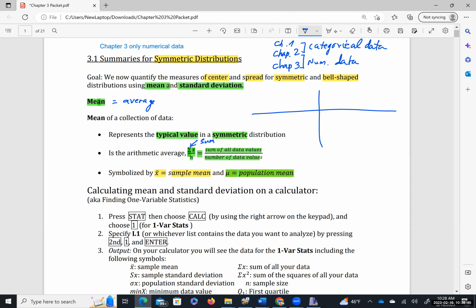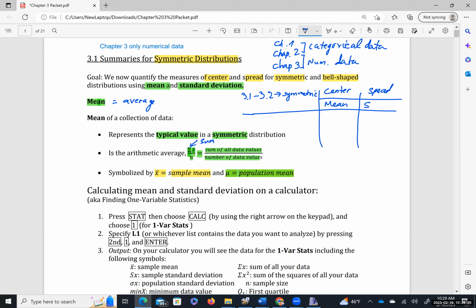Okay, so in this chapter, in 3.1 to 3.2, we're going to focus on symmetric distributions, with center and spread as mean and standard deviation.